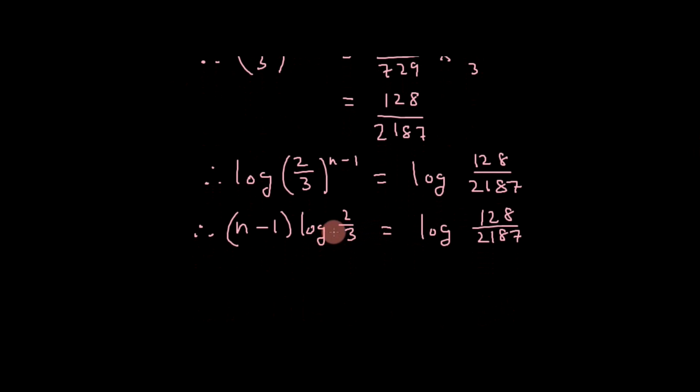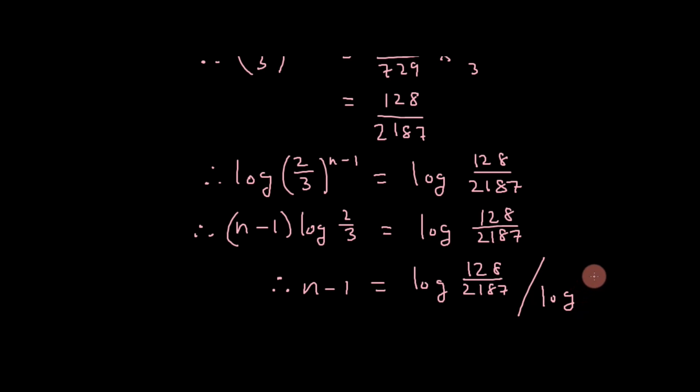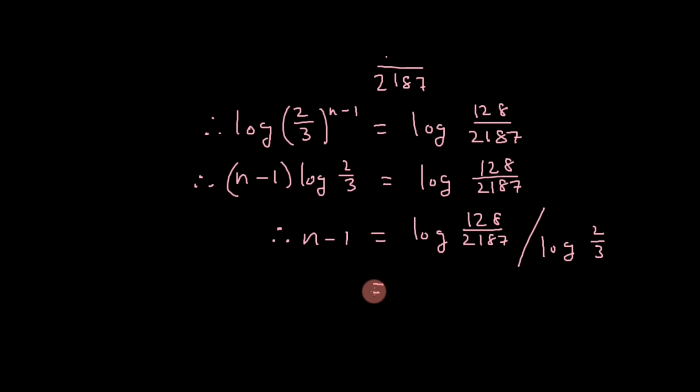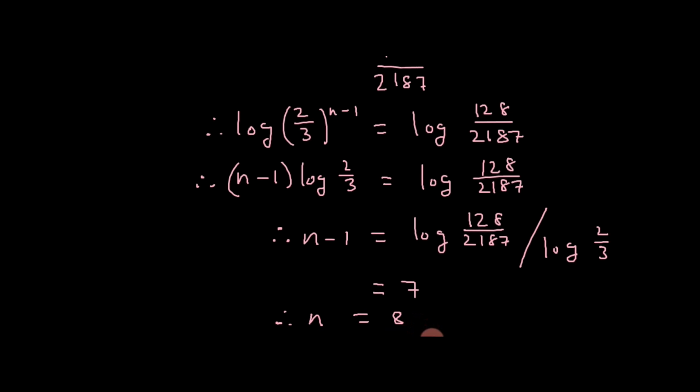Then dividing the log of 2/3 into the right-hand side, all divided by the log of 2/3. And on a calculator, the right-hand side comes to 7, and hence n equals 7 plus 1, which is 8.